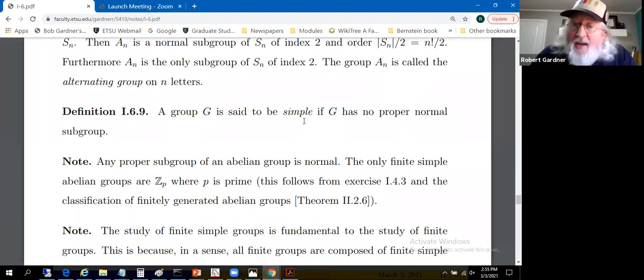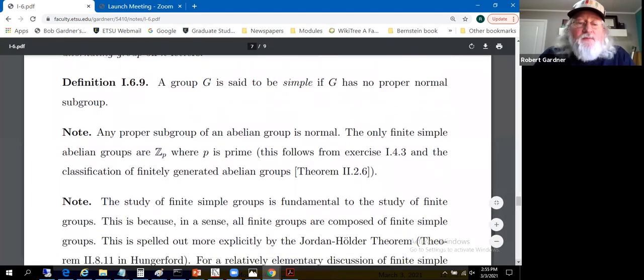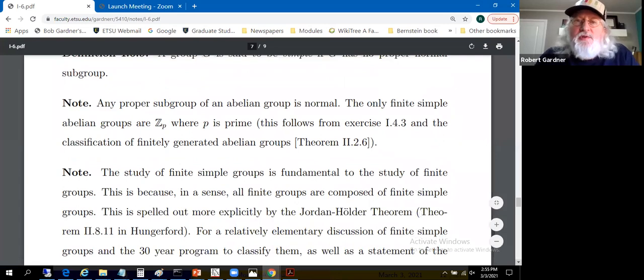You can't make quotient groups with simple groups other than in a trivial way because they have no proper normal subgroups. Why this is important, we'll elaborate on in the not too distant future. It should appear around the end, but hopefully in Algebra 1.